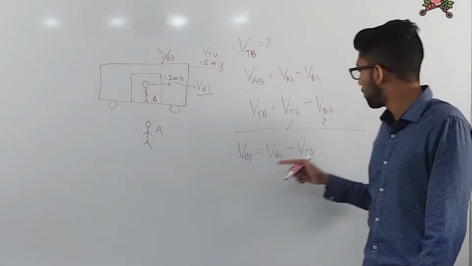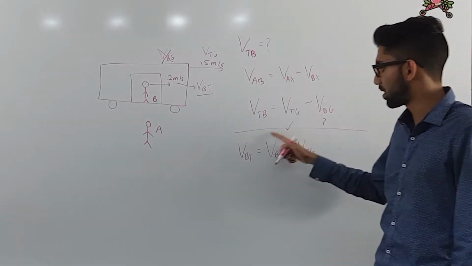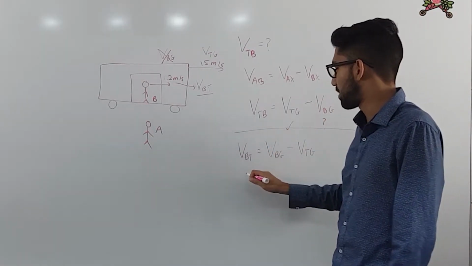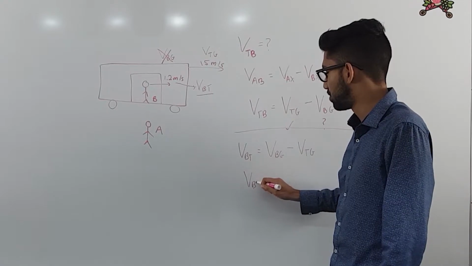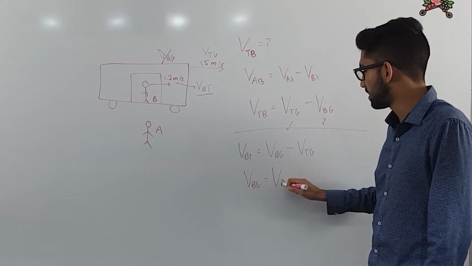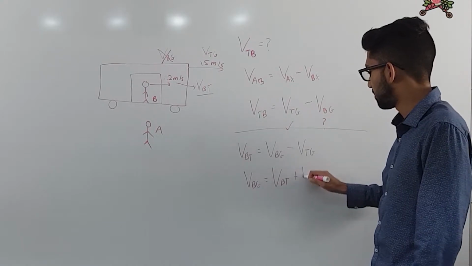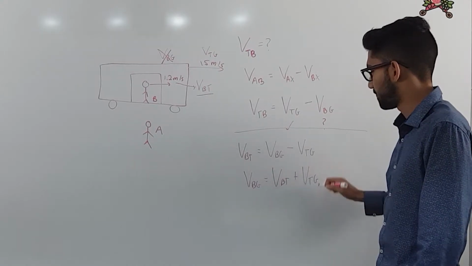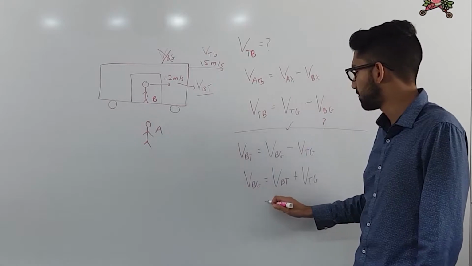Now we want to find VBG, so we make VBG the subject, and we get VBG is equal to VBT plus VTG. We can substitute our values in.